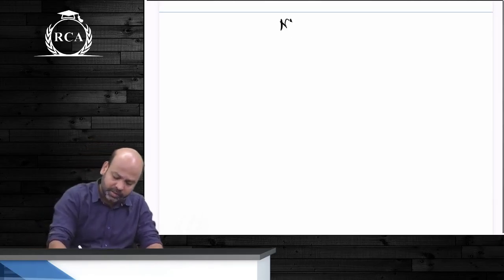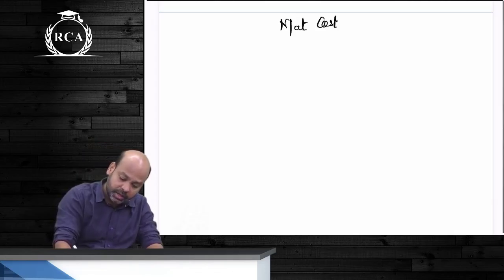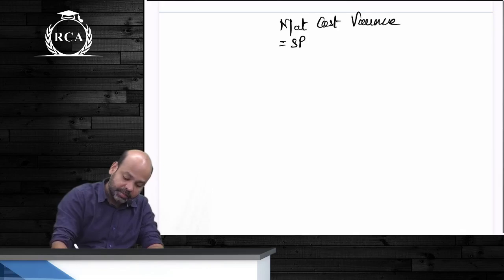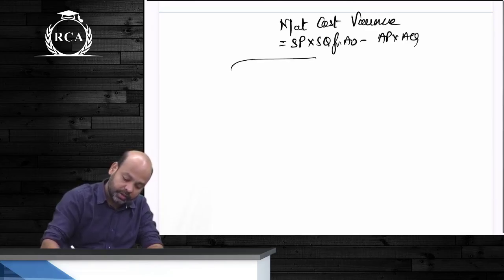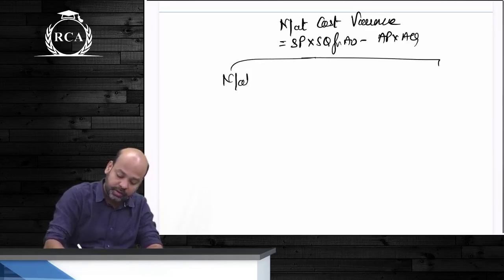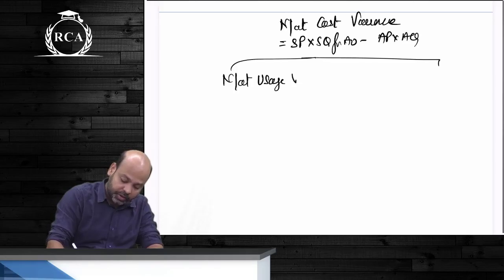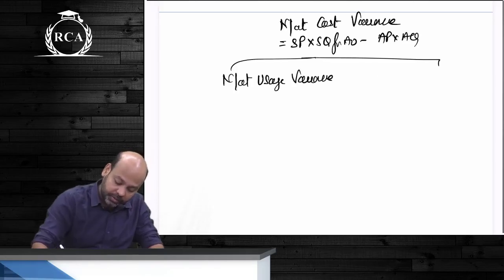It's simple, guys. Abhi tak kya kiya, is material cost variance, which is standard price into standard quantity for actual output minus actual price into actual quantity. This got segregated into two parts. One is material usage variance, the other one is material price variance.